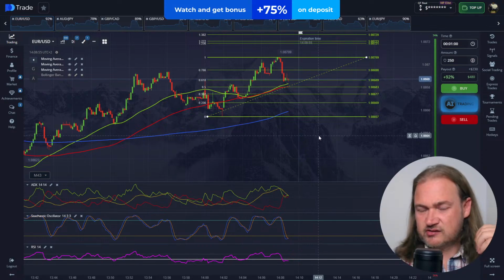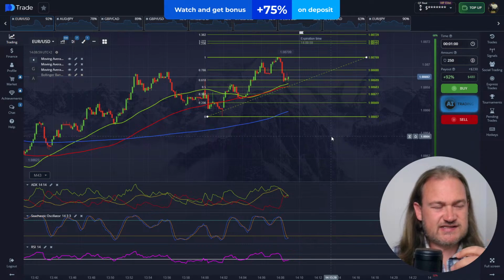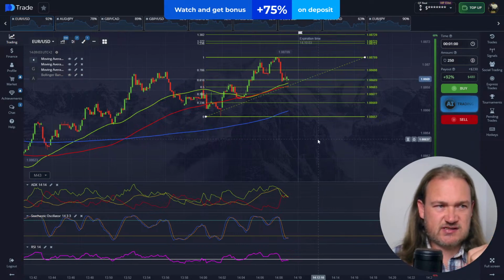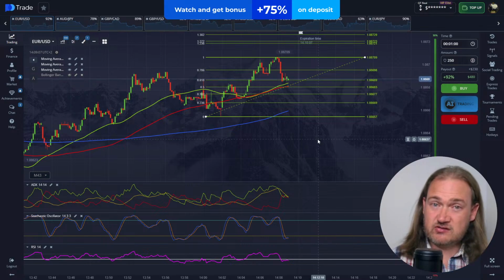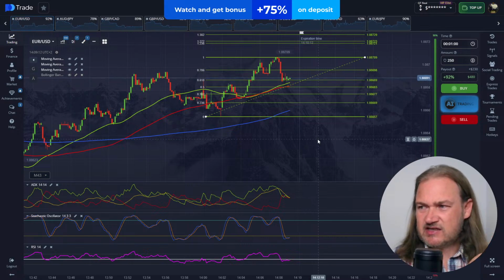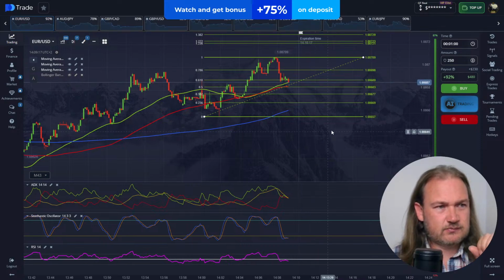It is fresh into the US session, so there is usually a little bit more volatility. I'm always a little bit extra cautious when an exchange opens or when data gets released, because we know that we can expect increased volatility for a short period.